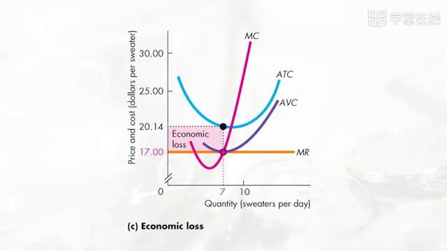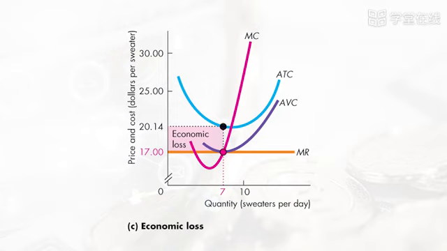This means economic profit is negative, and the loss is the area of the red rectangle. So by knowing these three possible outcomes, we know that they are all possible in the short run for a firm.